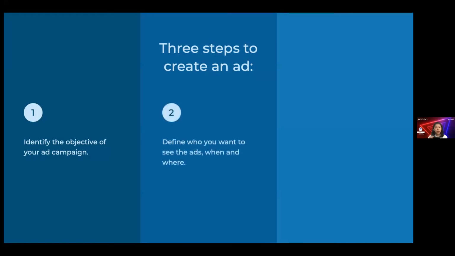Once you have identified the objective of your campaign, whether you want more sales, more views, or more traffic to your website, the next thing is to decide who you want to show your ads to. Who do you want these ads to reach? That is where you define your audience. And finally, you would add your media and your copy. Media here is your image or video, and your copy is your text, where the copywriting is involved.